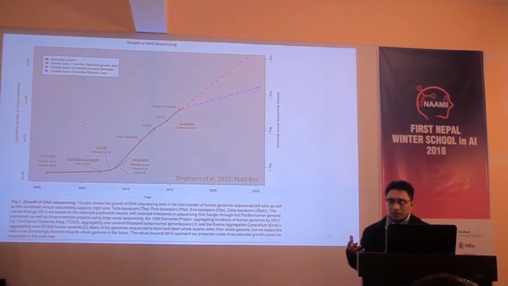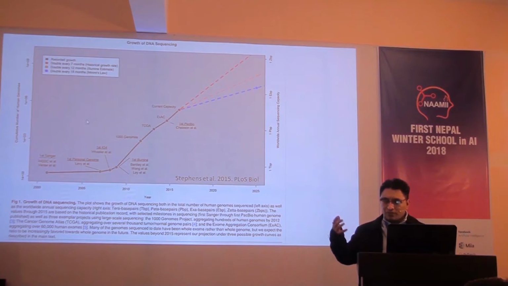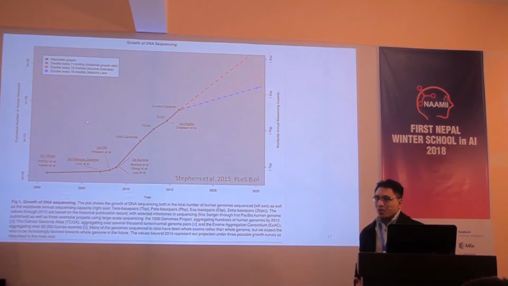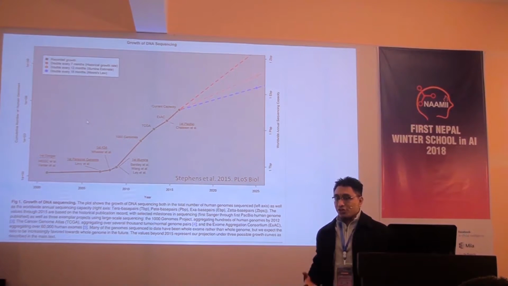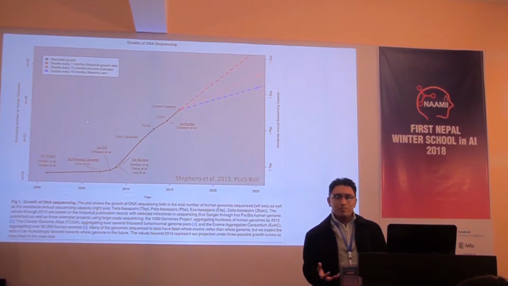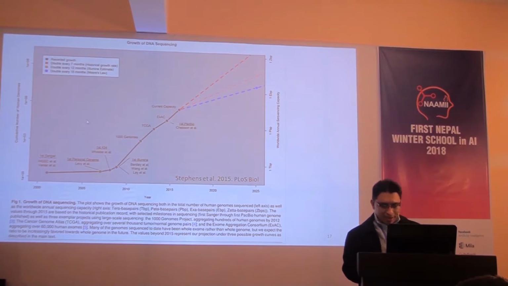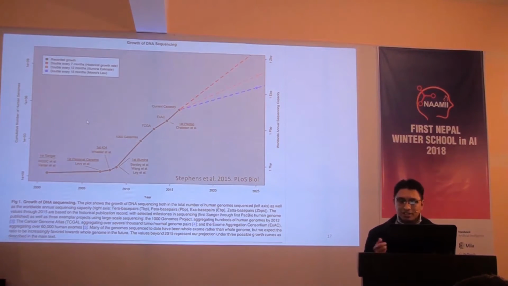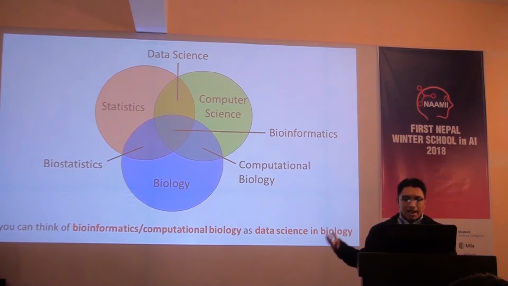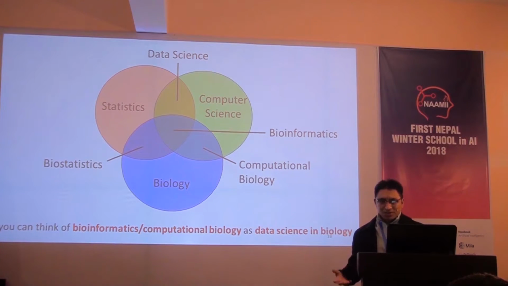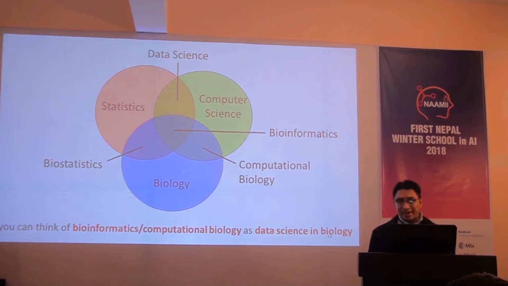So what I wanted to tell you is that the field of biology is being inundated with a massive amount of data coming out each year, and biologists are overburdened with all this massive data that they have to deal with. To tackle this problem, they had to go back to computer science, and it's all about bioinformatics, right?